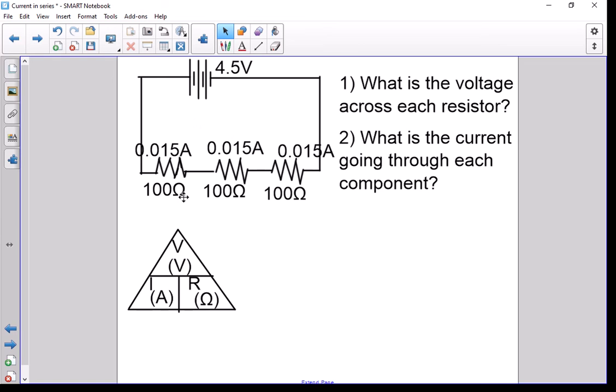Okay, so 4.5 volts. The components all have the same resistance, so there's going to be 1.5 volts across each of our resistors. Couple of key points here.